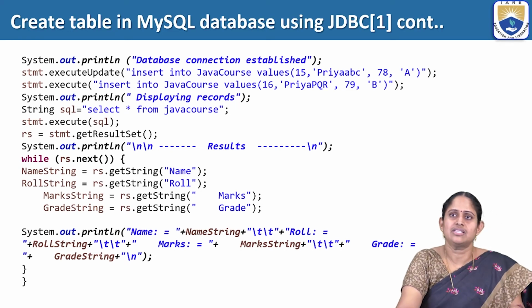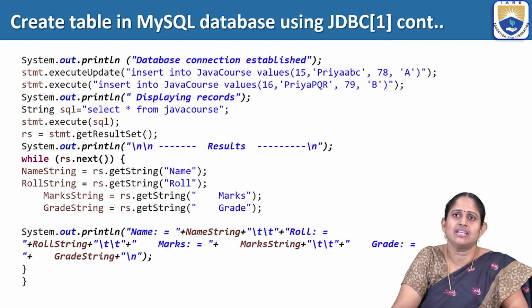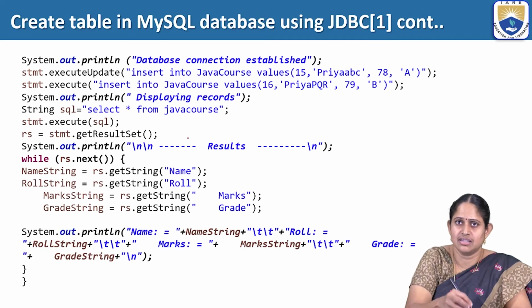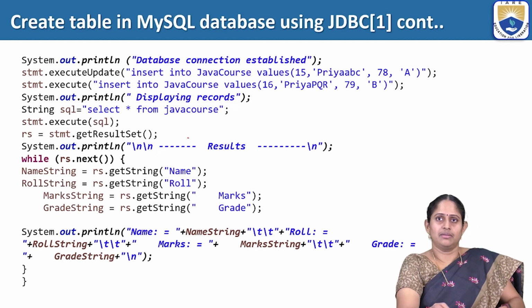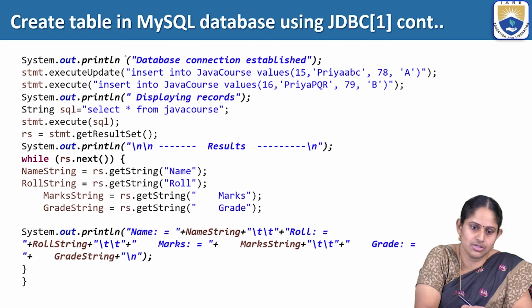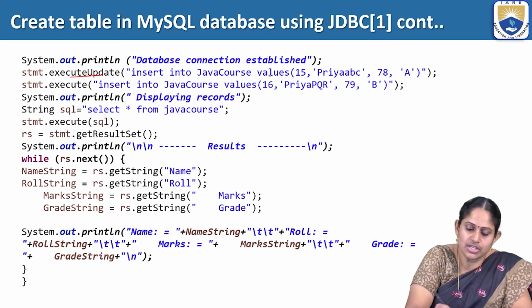Once this is done, the database connection is established. Now I have to insert some data into my existing table. We have already seen the insert statement query. That query we have to pass as a parameter to the executeUpdate or the execute method. In the first case, I'm making use of executeUpdate.